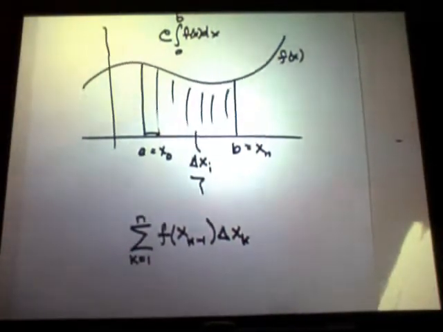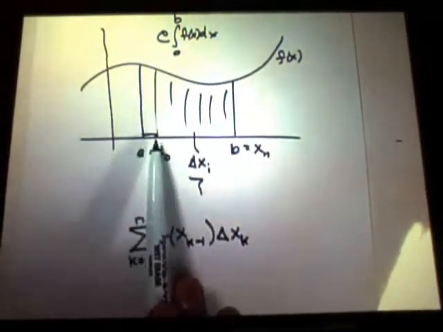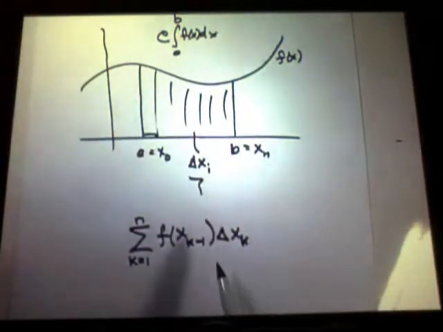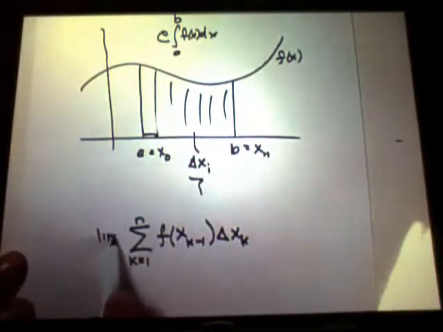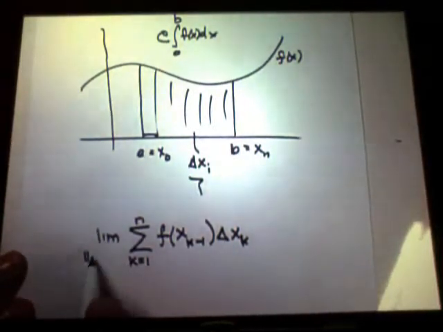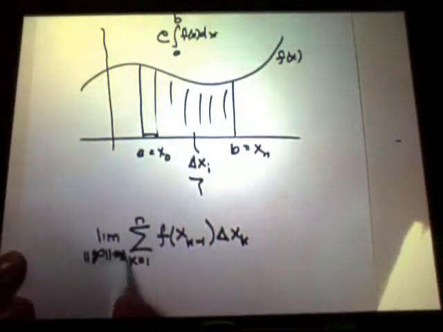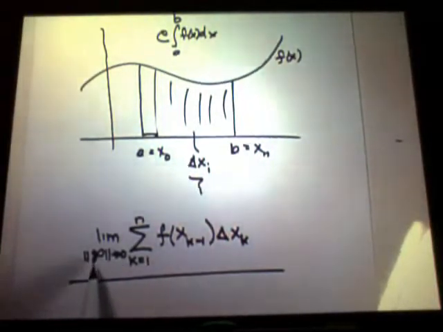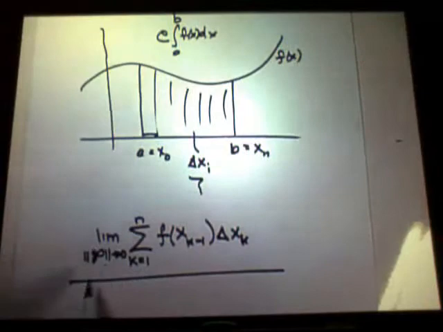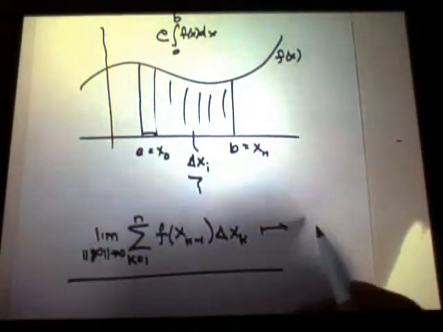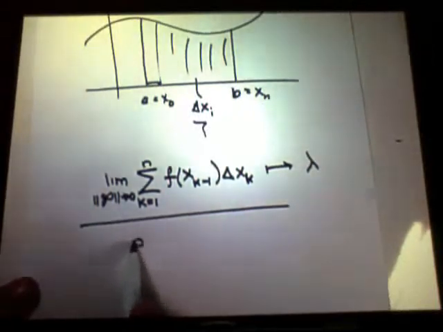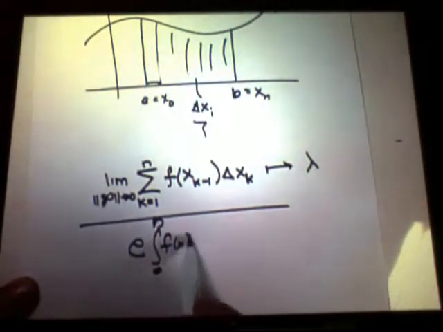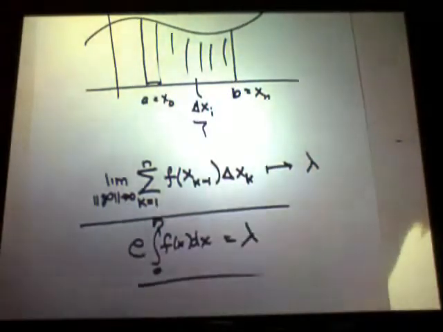So we're always appealing to the left endpoint of the subinterval multiplied by the width of the subinterval, and then we watch what happens as the norm of the particular partition in effect goes to 0. What's that mean? We shrink the size of the max subinterval below epsilon, for all epsilon. That's what it means for the norm, the mesh of the partition, to go to 0. If this thing approaches a limit, we say that the Cauchy integral exists and equals the limit.